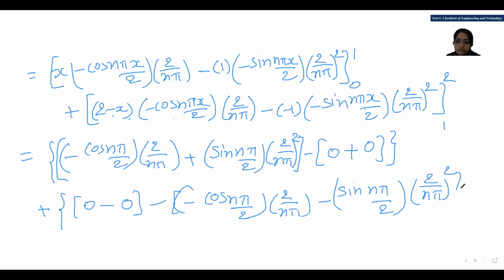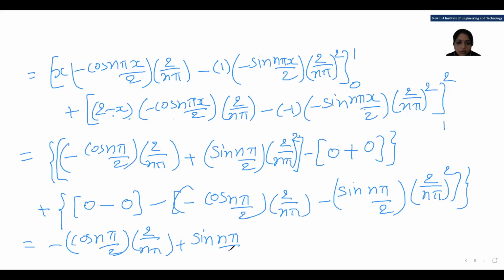Okay, so this is for the lower limit. Now, after simplification, here minus cos n pi by 2 into 2 upon n pi, minus cos n pi by 2 into 2 upon n pi. This is plus sine n pi by 2 into 2 upon n pi whole square. Here minus minus plus, right?